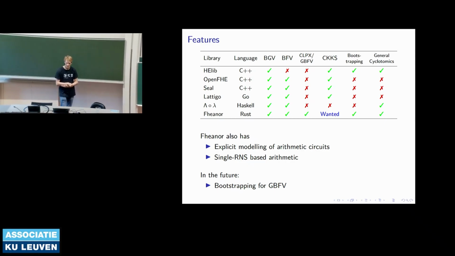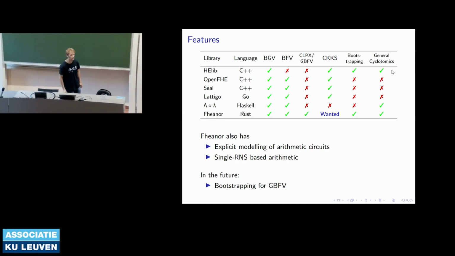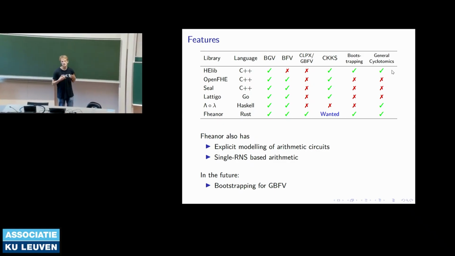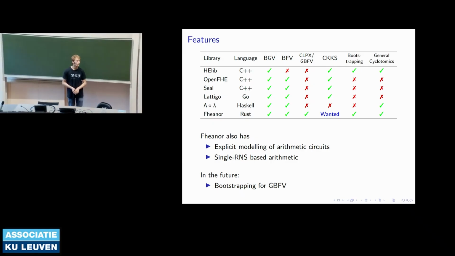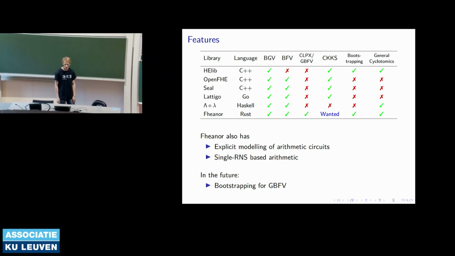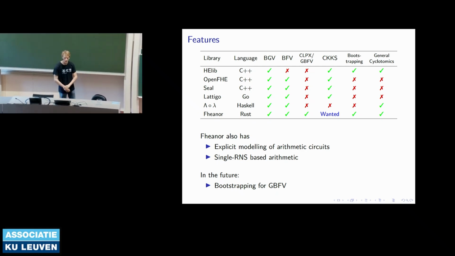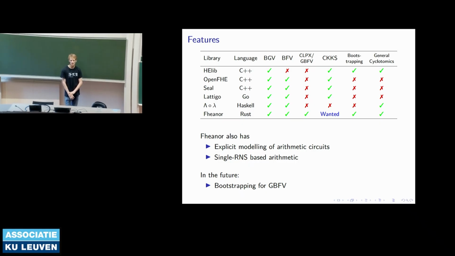And also, there's this column on general cyclotomics, by which I mean whether the library just supports power-of-2 cyclotomics, which are the easiest and in many cases fastest case, but they're also limited in choice of parameters, or supports all cyclotomic rings. Currently only HElib, LOL, and Fheanor support all cyclotomic rings.